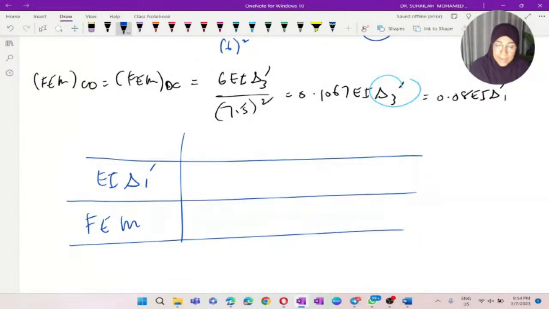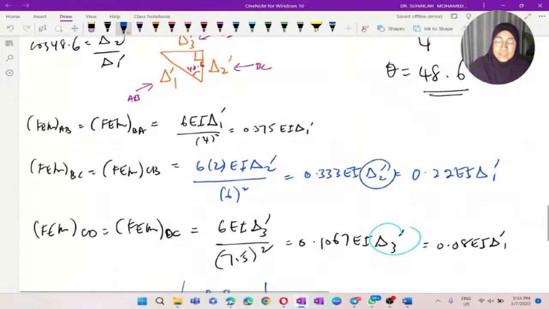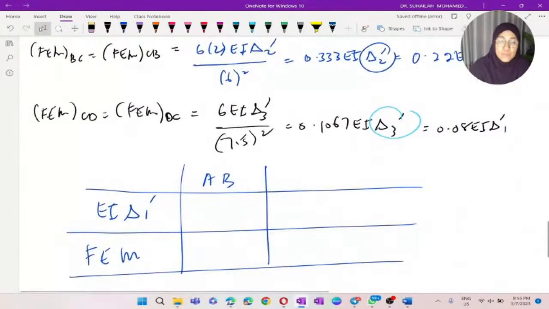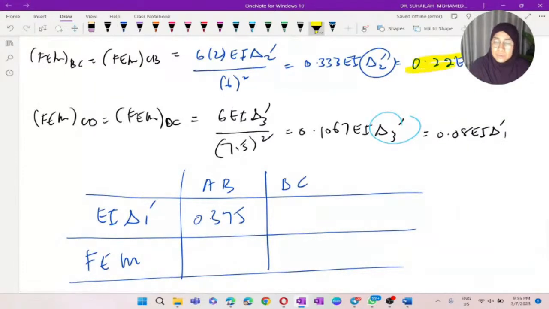For AB, we get 0.375 EI delta 1 prime. For member BC, it is 0.22 EI delta 1 prime, and then for member CD, it is 0.08.